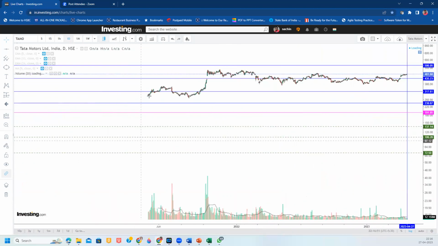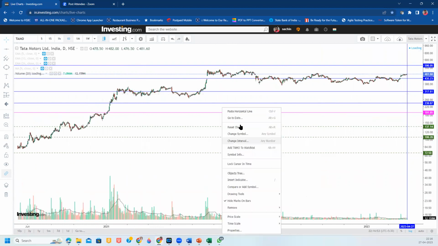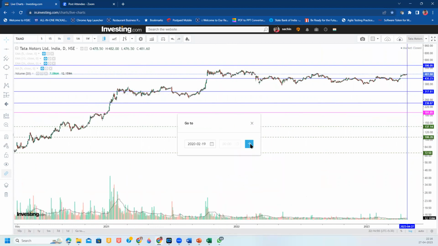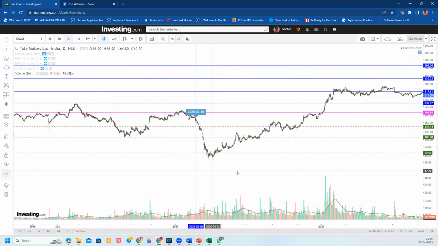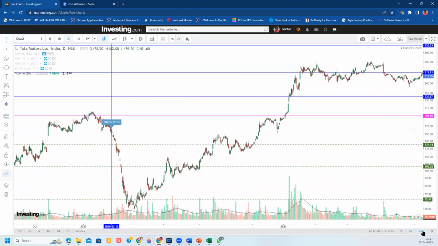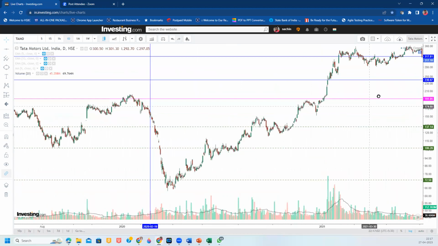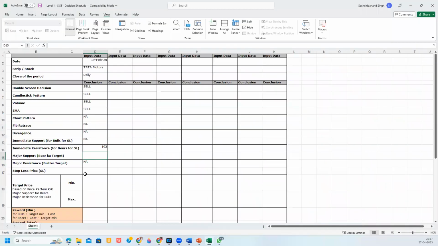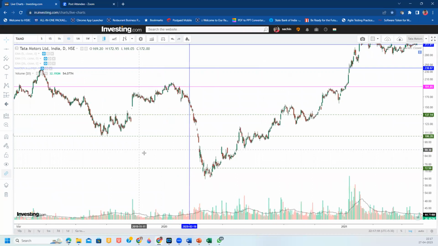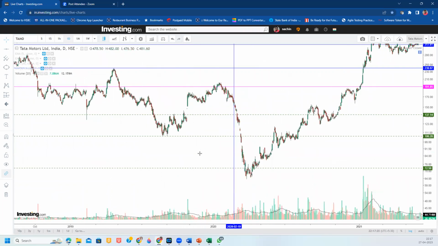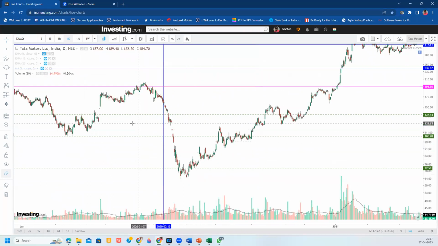Again, I'm coming back to my normal time frame, which is the daily time frame, and need to use the go to function to go to that particular day's candle. So the decision says we need the major support line for bear. As per this historical data analysis, we got multiple supports.